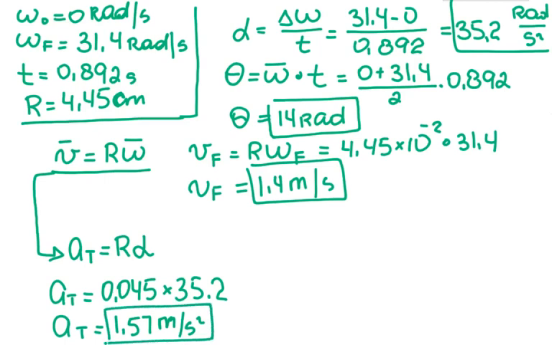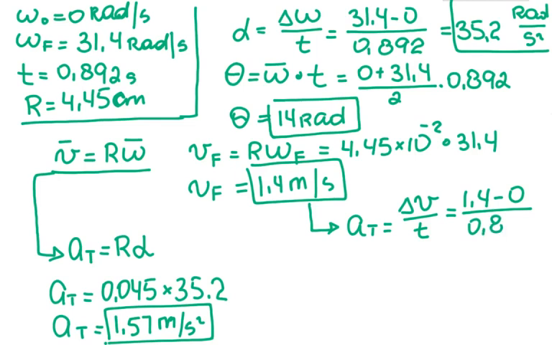Or I could use information from here. I can say tangential acceleration is equal to change of the linear velocity over the time. Your final velocity is 1.4, your initial velocity was at rest, and the time it took 0.892. So tangential acceleration is again equal to 1.57 meters per second squared.